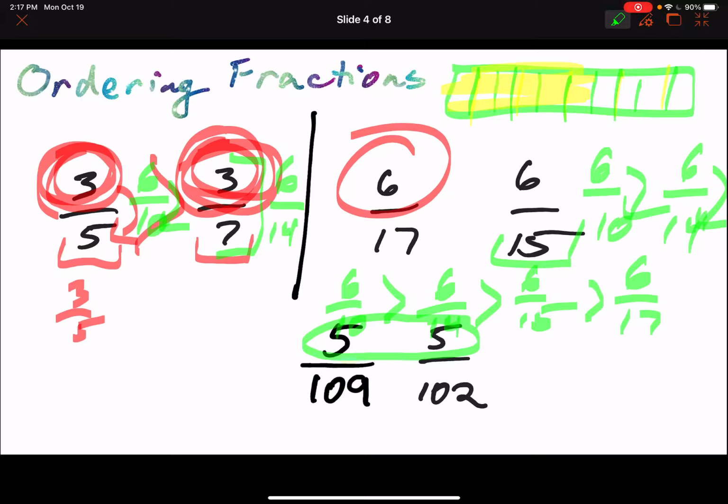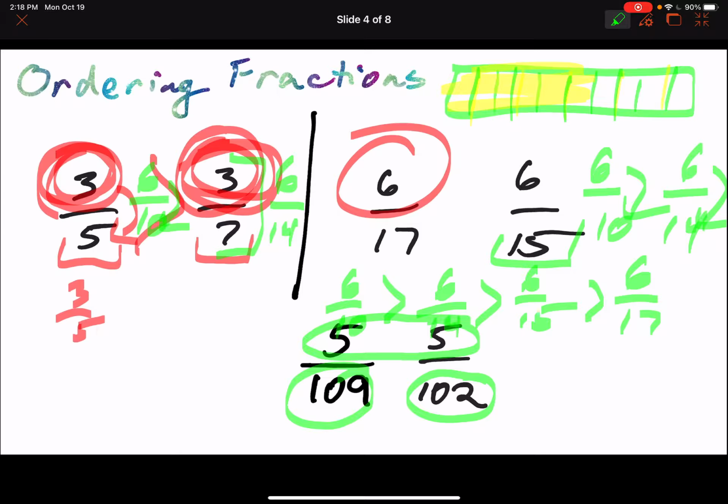Okay, so now I'm just going to look at these numbers here, comparing. They both have 5s. Just pause the video for a second, and I want you to think about which number is the bigger number and which number is the smaller number. Okay, so if I'm looking, this one here has the smaller denominator, which means it has the bigger pieces. It's cut into less pieces, right? 109 is cut up into more pieces.